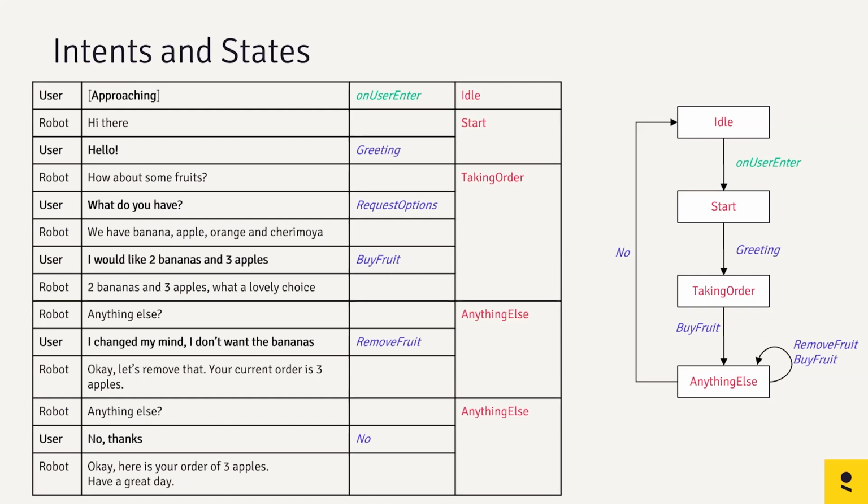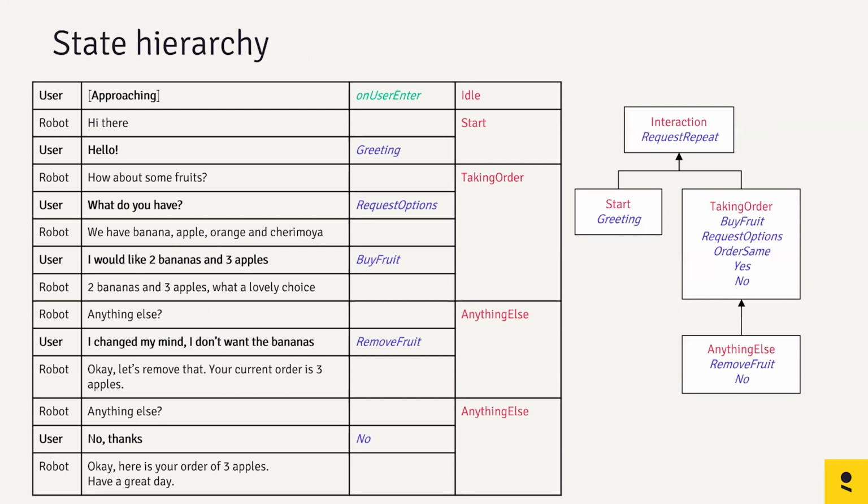And that will make the flow transition to another state in this dialogue. This way you get this kind of flow chart or state machine that you can see on the right that maps to the dialogue. And this is quite a nice way of approaching this if you have an interaction: to actually write a script and try to identify the states and the intents that you expect the interaction to go through.